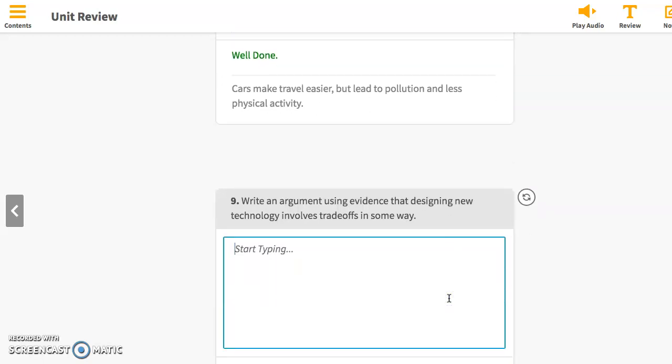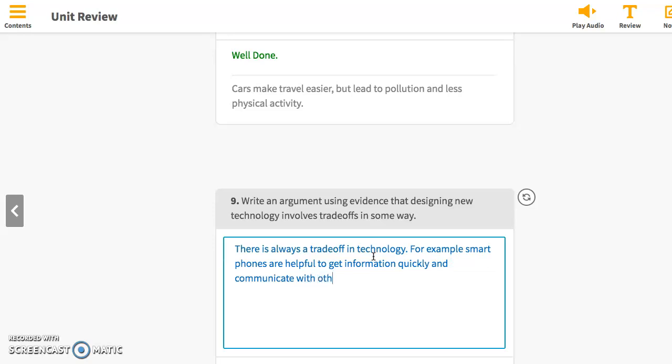Right, an argument using evidence that designing new technology involves trade-offs. Okay. There's always a trade-off in technology. For example, smartphones are helpful to get information quickly and communicate with others.